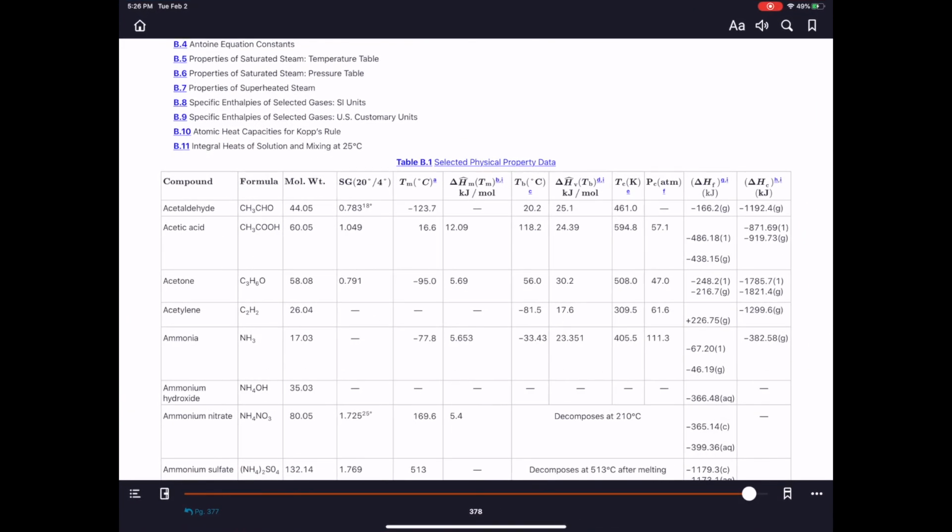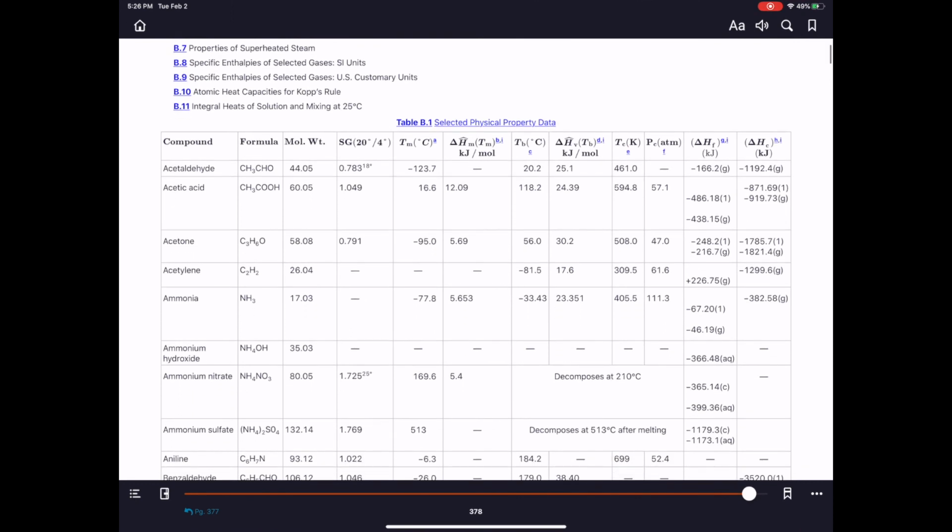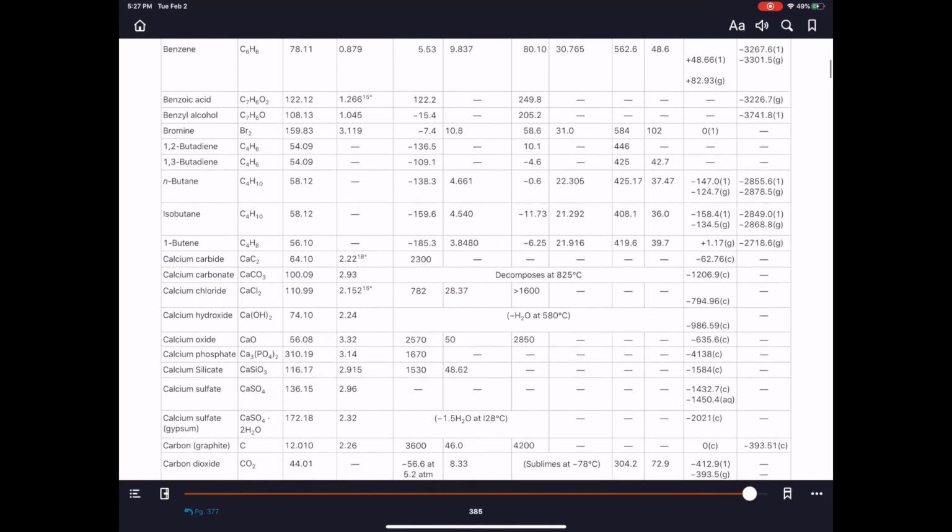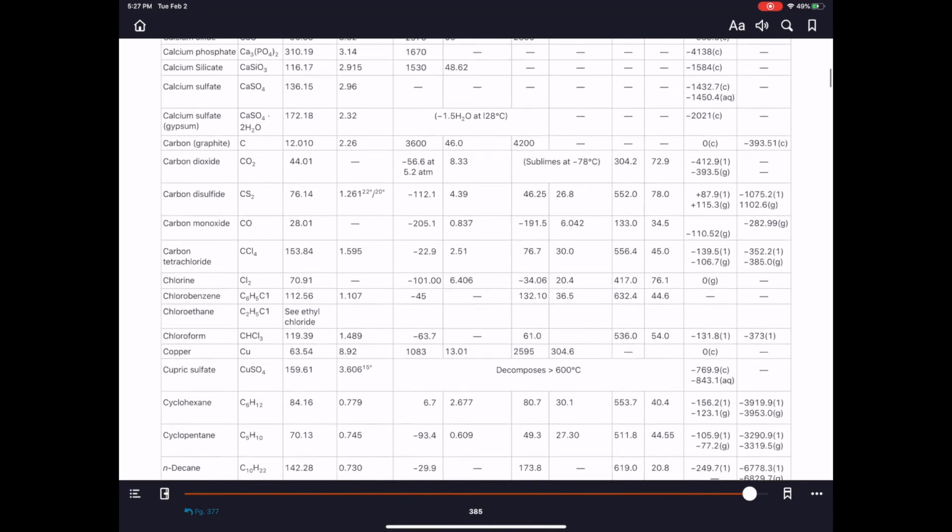So if we go to the textbook, you could see in the middle two columns here, we have one column for Tm, that's the melting point temperature of the species, and then to the right of it is delta Hm, which is the enthalpy of melting for that same species. All right. Next to it is Tb, which is the boiling point temperature for a species, and next to it is the delta Hv, which is the enthalpy of vaporization. And so we can see this recorded for quite a few of the chemicals in this table.